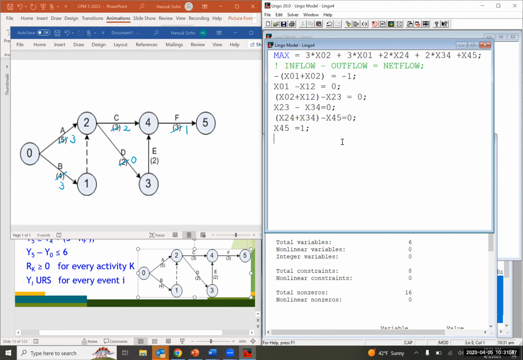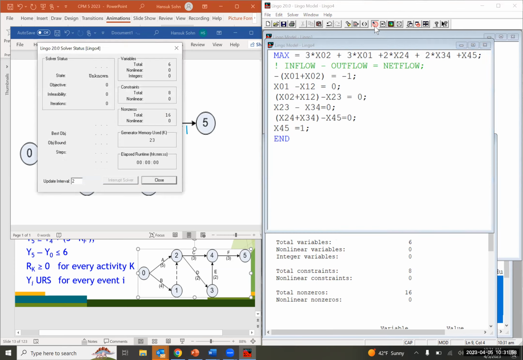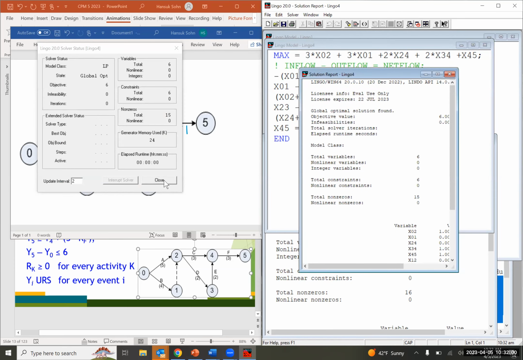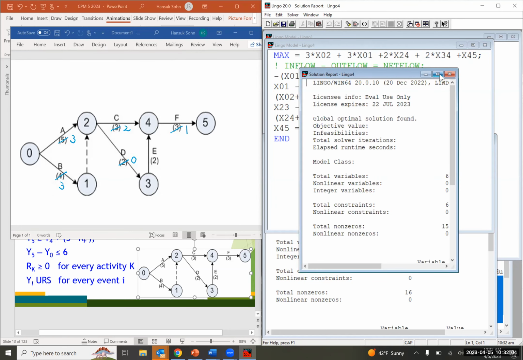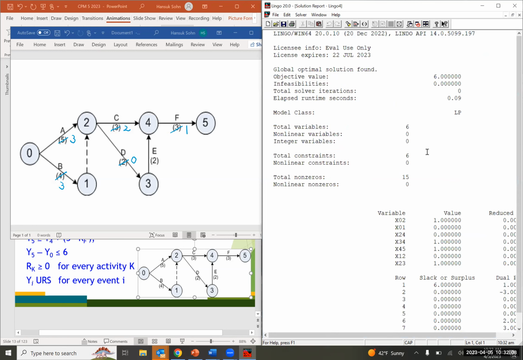What else? The negativity restrictions don't need to be added, so I'm going to just put the ending mark here. So let's see. Okay, so these are the optimal solution from our dual LP.